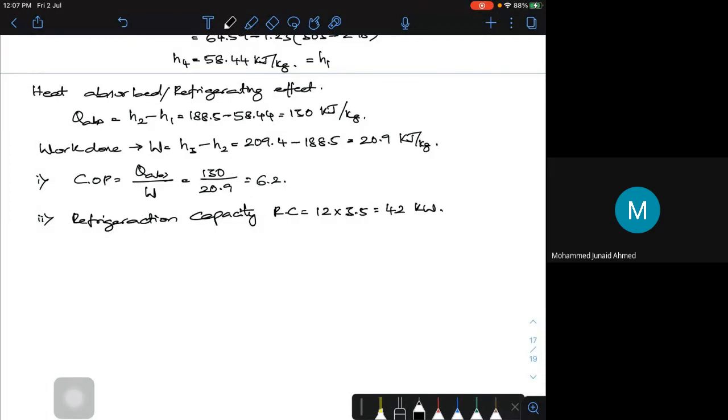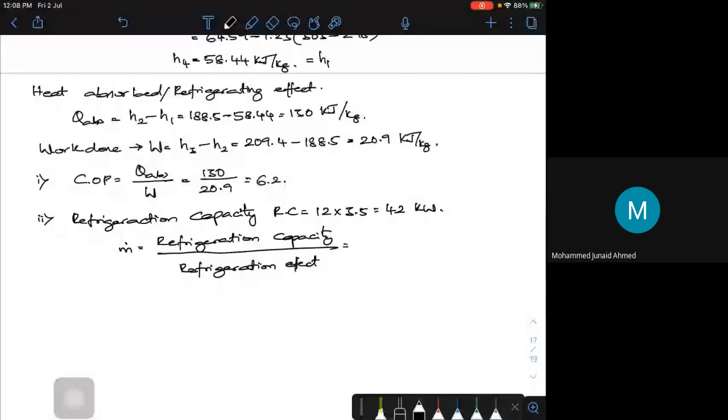So mass flow rate of refrigerant is equal to refrigeration capacity divided by refrigeration effect or heat absorbed, which is equal to 42 kilowatts divided by 130, which is equal to 0.323 kg per second.